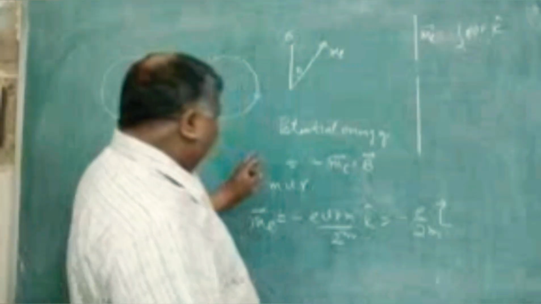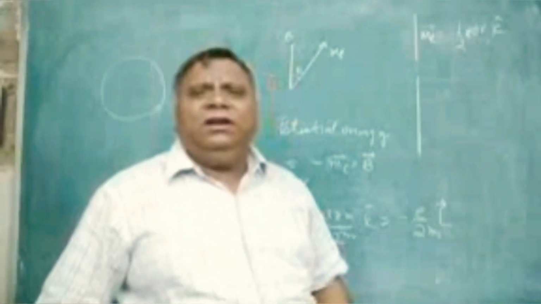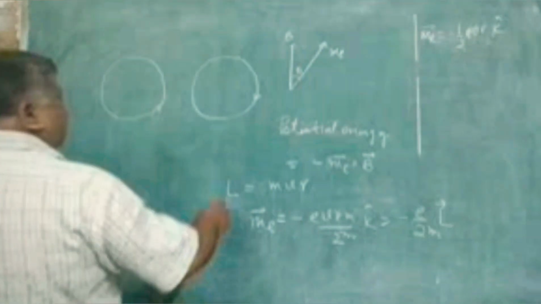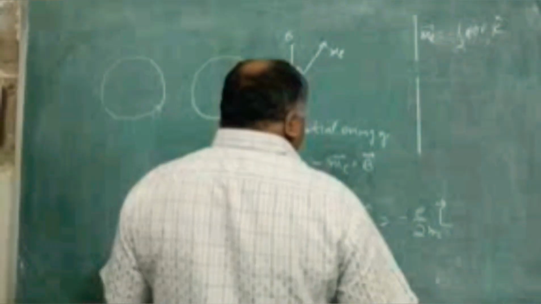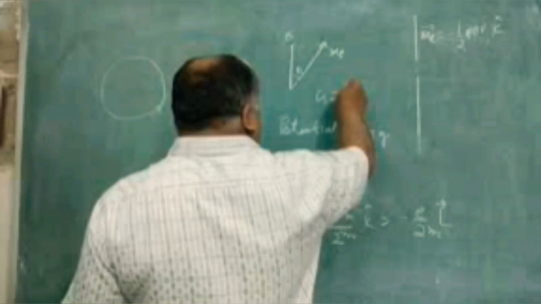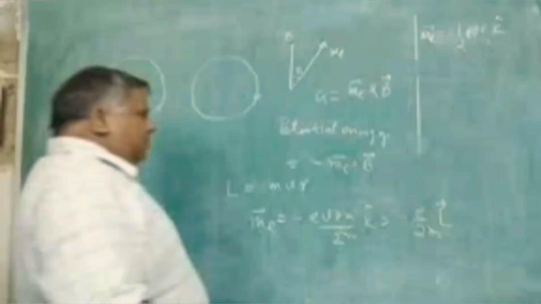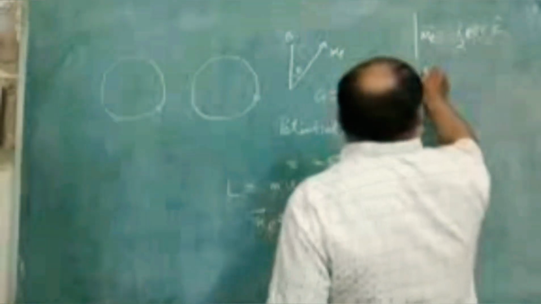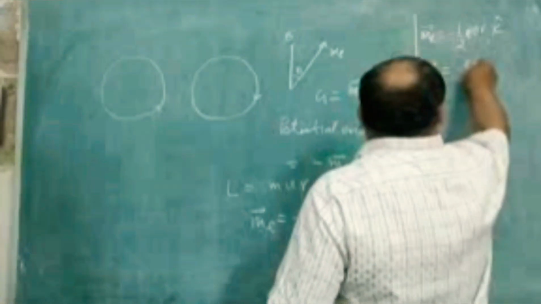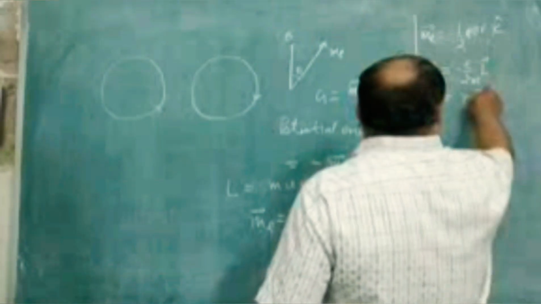Now, if we put this dipole in a magnetic field, the torque associated, which we have already calculated, is given by tau is equal to m_l cross B. Let us write it like this.